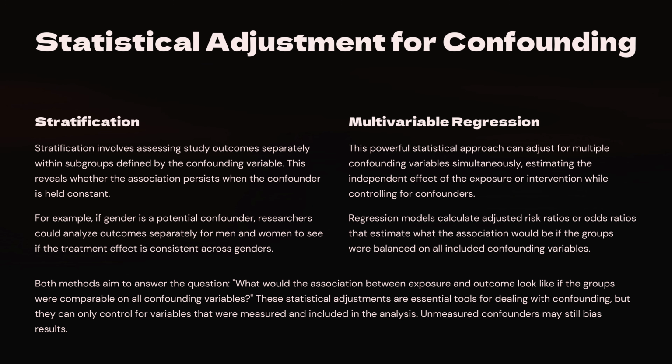You could add in 6, 7, as many as you want. The more variables you add in, though, the less powerful the test becomes. But both methods answer the question, what would the association between exposure and outcome look like if the groups were comparable on all confounding variables, which is really the question we want, okay? And so these are essential tools for addressing confounding in medical studies.